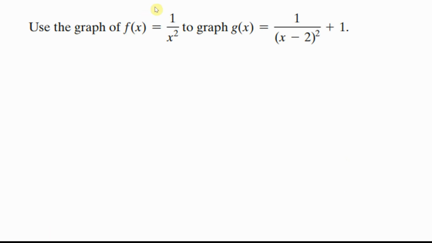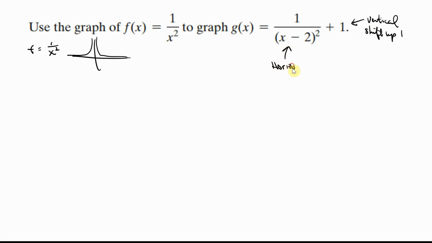Now, we know the graph of 1 over x squared. We just did that guy, so that was this. Now, this has a shift. This is a vertical shift up 1, and this is a horizontal shift. That's x minus 2 equal to 0, x equal to 2.